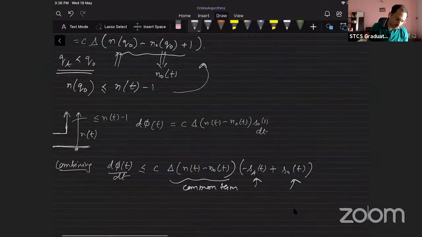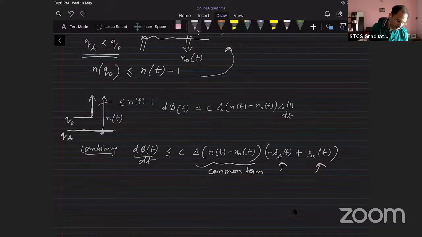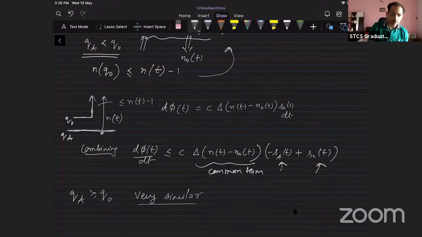So in other cases also, we'll get something very similar. So I'm not going to repeat them. For QA greater than or equal to Q0, we'll get something very similar. You can see it in the notes what exactly you will get. So now the question is, how do I bound this quantity? The right hand side, delta of n of t minus n0 of t times this quantity.